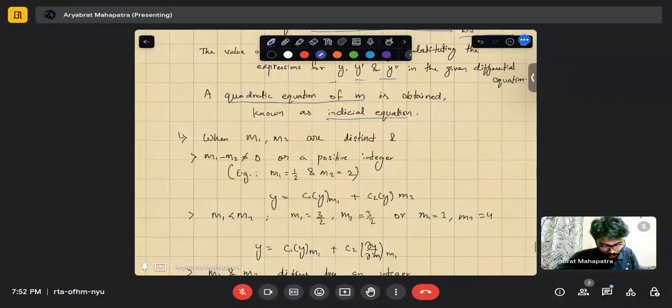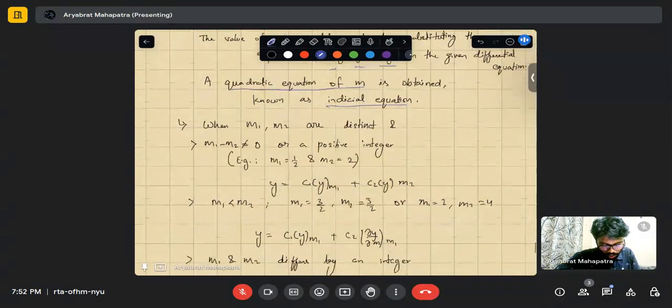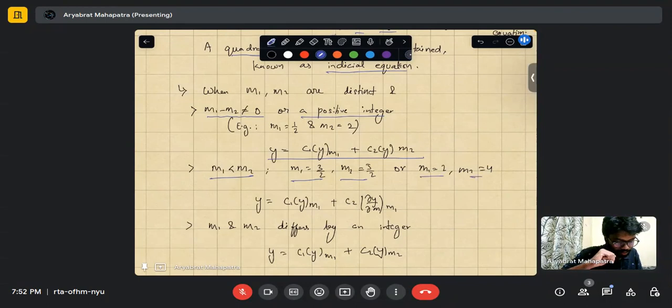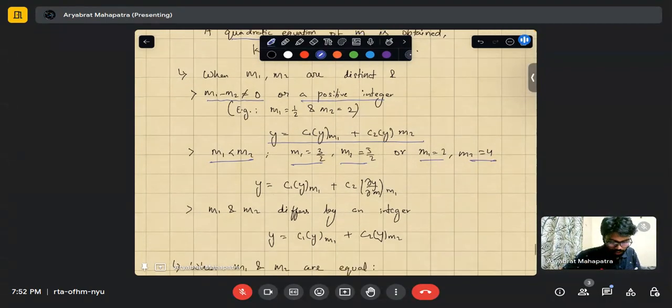For example, if your two values of m are m1 and m2, and they satisfy certain conditions, then you can write your final solution to be like this. And if m1 and m2 are of this form, for example, m1 is 3 by 2 and m2 is 5 by 2, or m1 is 2 and m2 is 4, in that case, you can write your final solution like this.